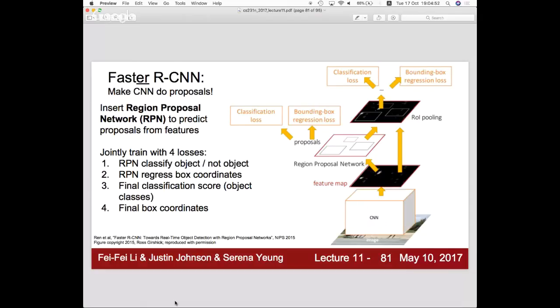So they have some parameters. If it's 50% overlap, then it's okay. If it's more than that, it's not. So they select or reject positive truths based on some of these IOU criteria.